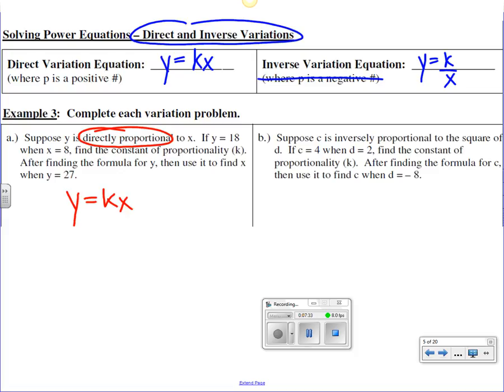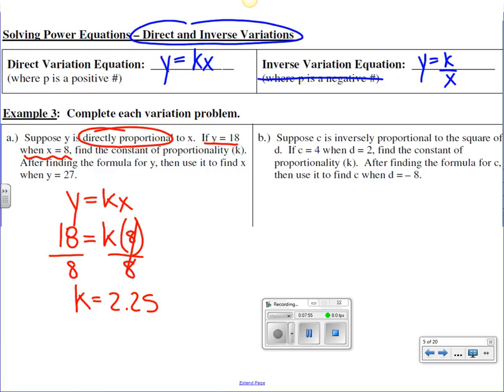All right, start at the beginning. Y equals 18, so I'm going to plug that in for y. When x equals 8, so I put k times 8. And it says find what k is. All right, so to do that, you just divide by 8. And you get k to be 2.25. Well, you're not done.